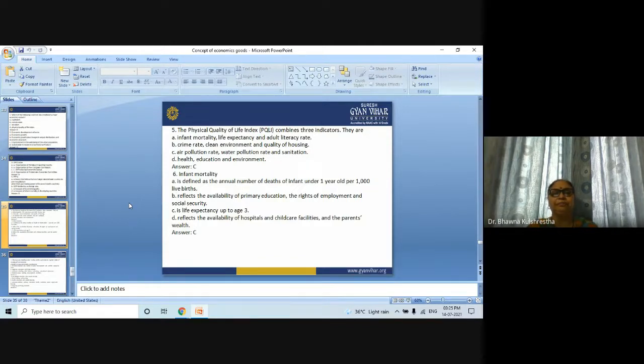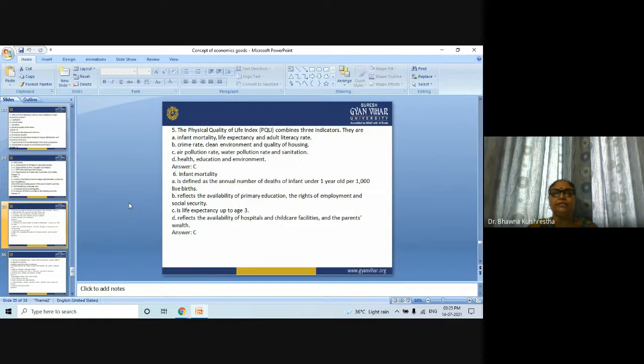And next question, infant mortality is defined as the annual number of deaths of infants under 1 year old per thousand live births. Next is reflects the availability of primary education, the rights of employment, and social security.